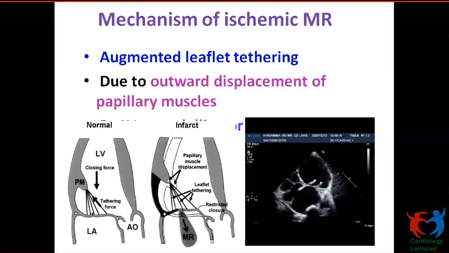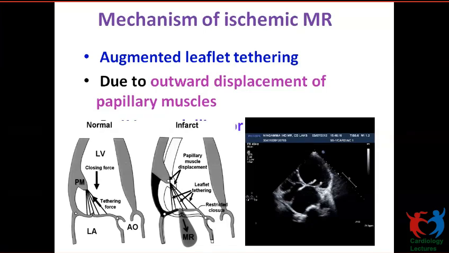Type 3 you have A and B. 3 is what? Restricted mobility. 3A is restricted opening, and maybe also closing. Classically seen in rheumatic heart disease. 3B is restricted closure.